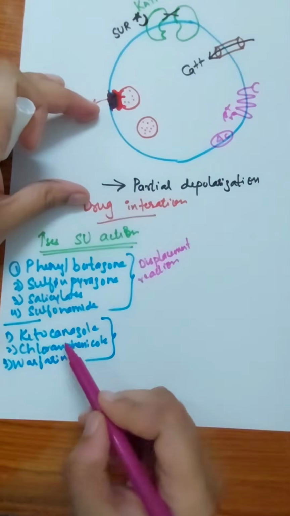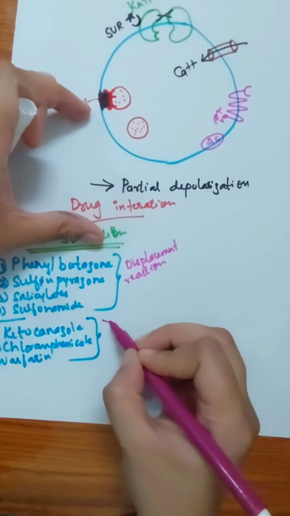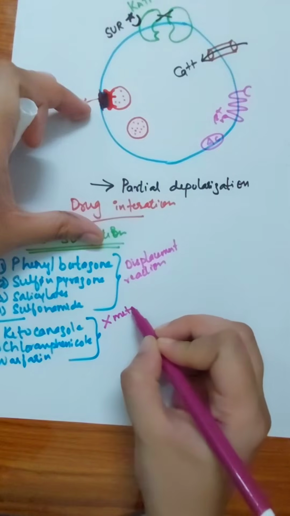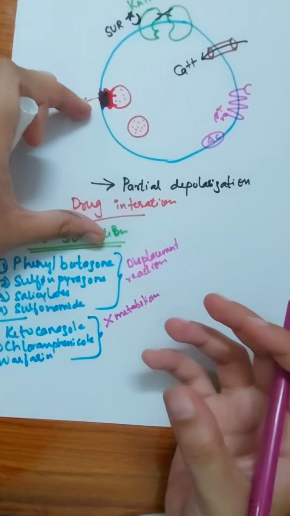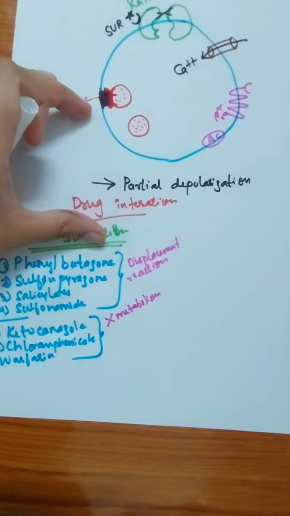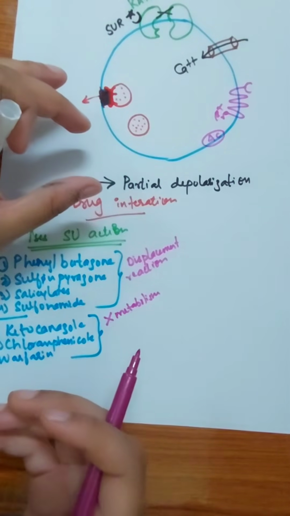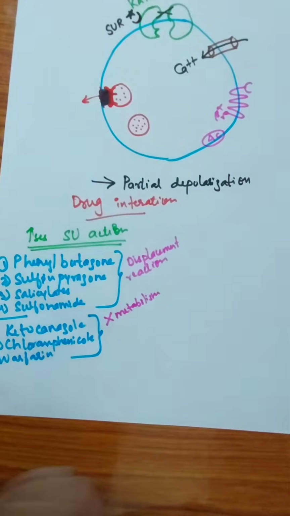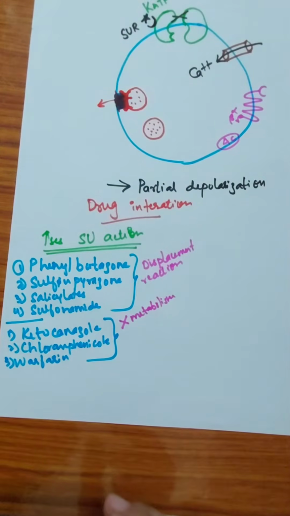Okay, so when sulfonylurea is taken along with ketoconazole or chloramphenicol or warfarin, they will inhibit the metabolism of sulfonylurea. That means the active form of this sulfonylurea will be present for a long period of time in our body, and there will be profound action. Its action is basically to reduce the glucose level, to bring it to a normal level. But when the active form of sulfonylurea is too much and for a long period of time inside our body, it may lead to a hypoglycemic crisis.